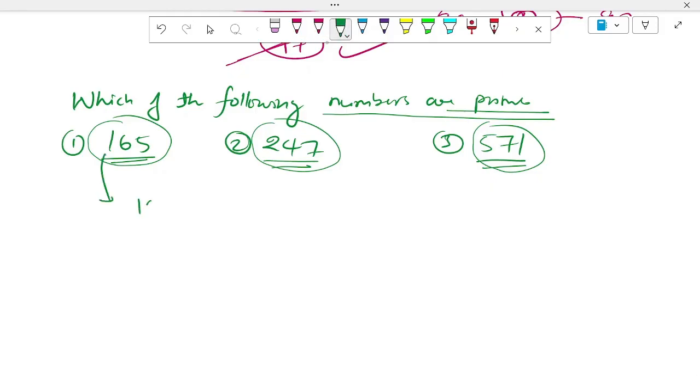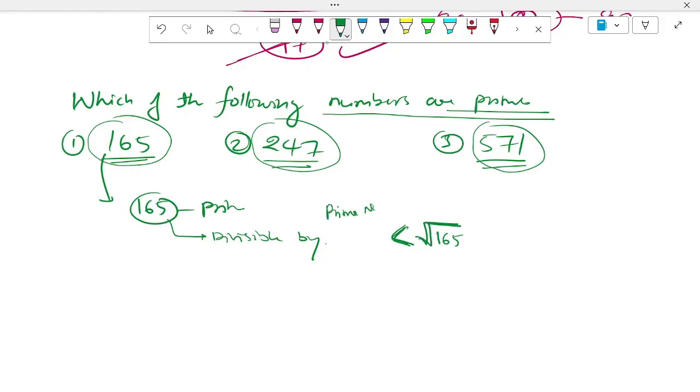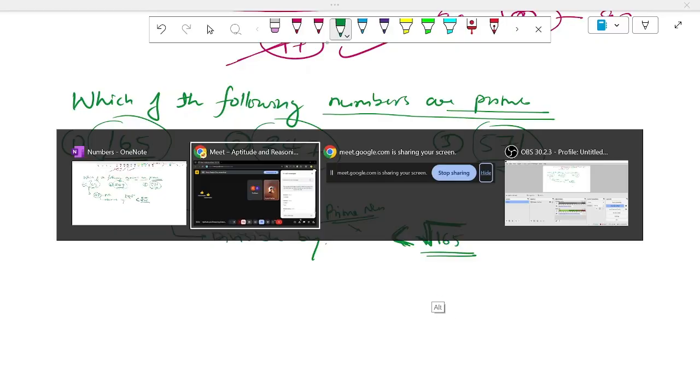If you want to check whether 165 is a prime number or not, you just need to check whether it is divisible by numbers less than the square root of 165. You need to check with the prime numbers, only prime numbers. Can you tell me what are the prime numbers which are less than root of 165?